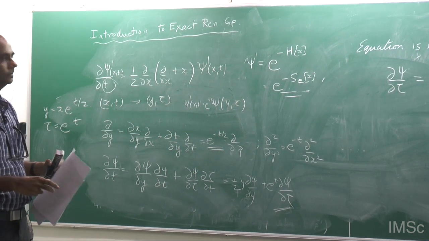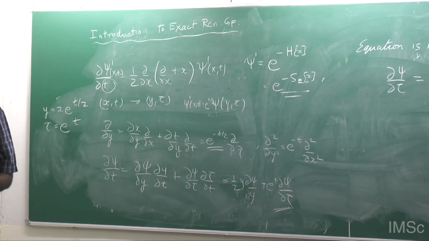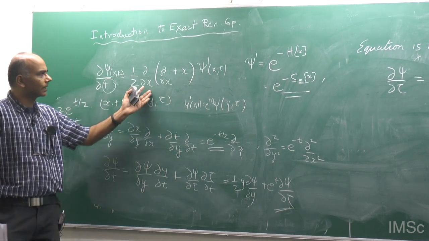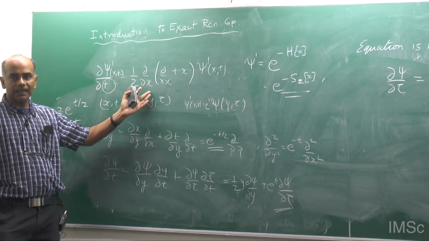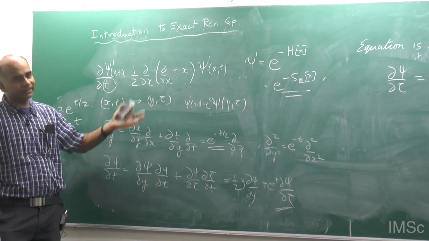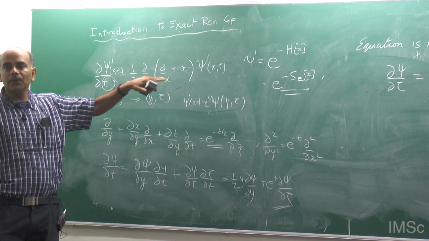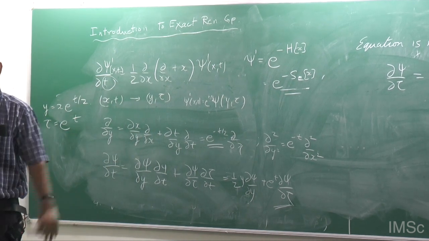What is the argument that led to this particular equation? It's not a God-given equation. I think these equations are known to people who study diffusion. These are called diffusion equations.